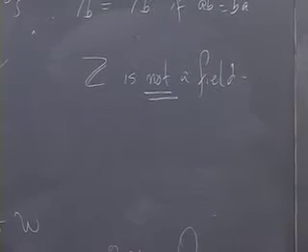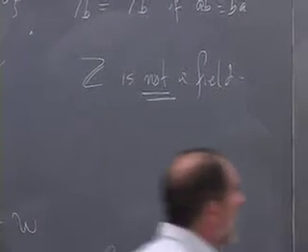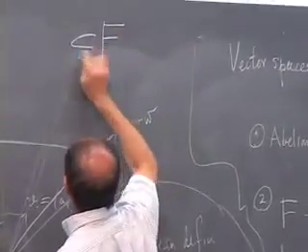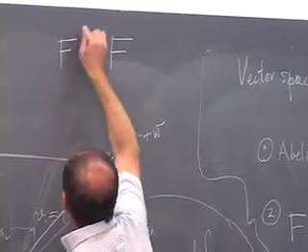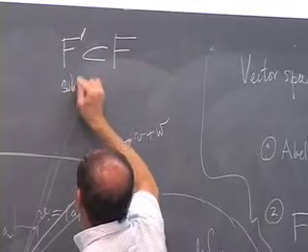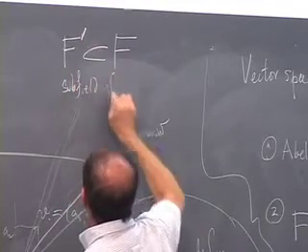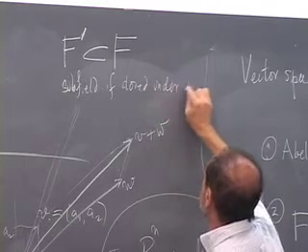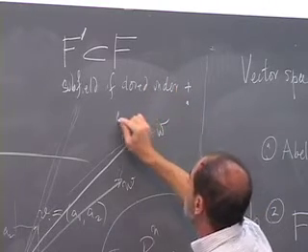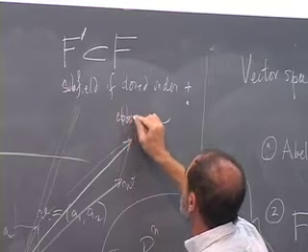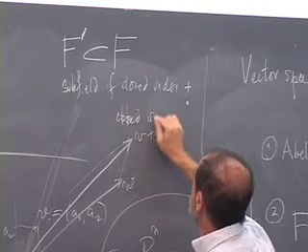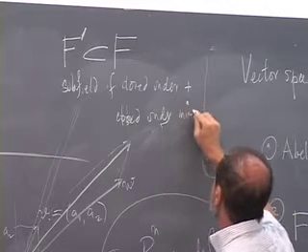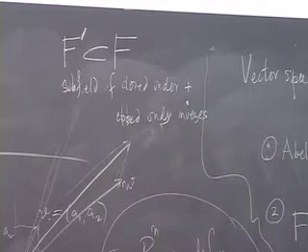Now you can talk about subfields of a field. That makes a lot of sense. So if you have one field and you have a subset of it, you'd say it's a subfield if closed under plus and times and closed under inverses in both groups.